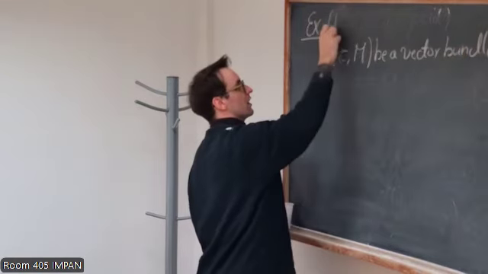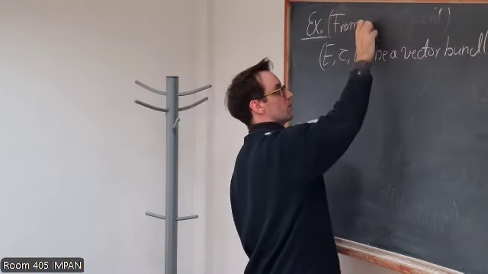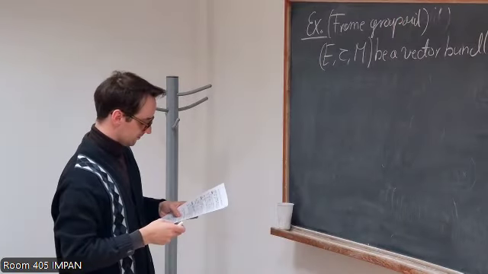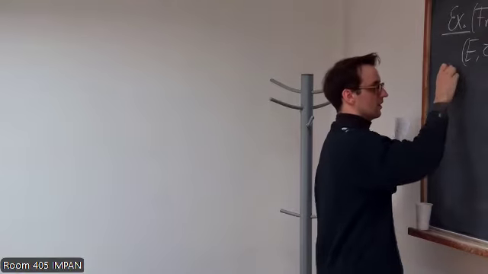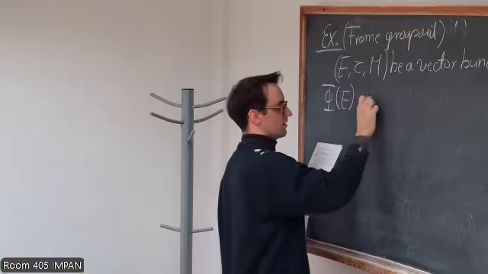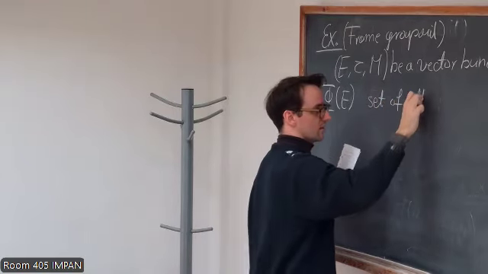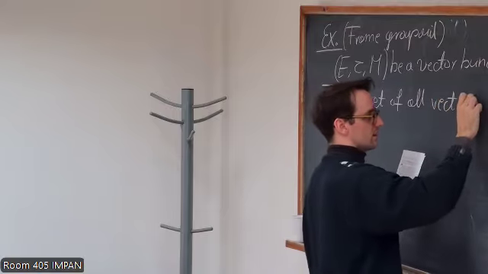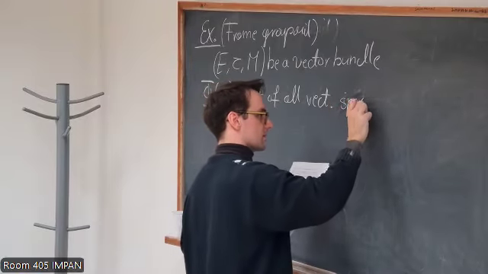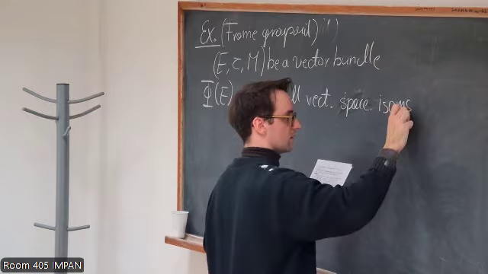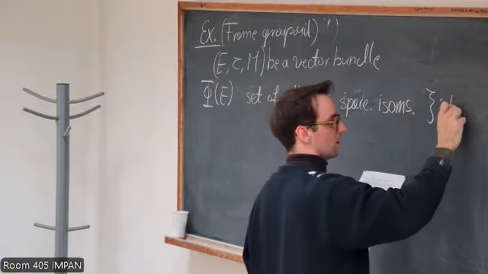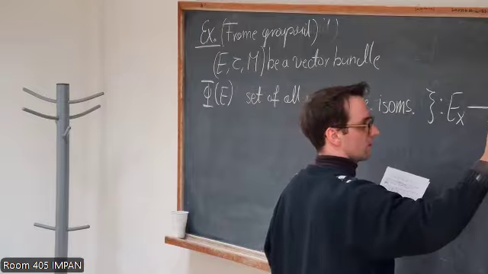This is the example of frame groupoid. The arrows are vector space isomorphisms from X to Y.